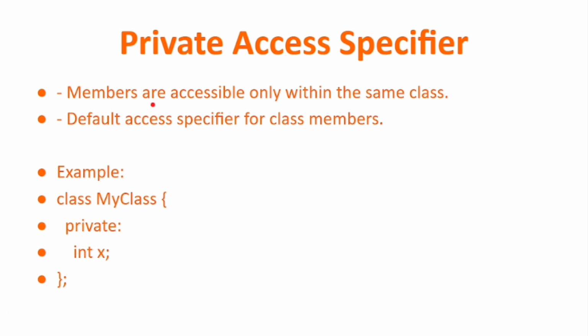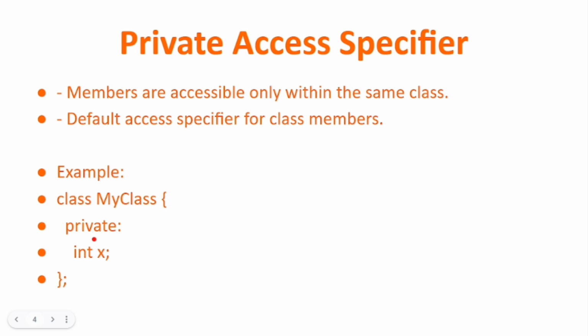When we are writing a C++ program, first of all we create a class. If we don't define any type of access specifier, the program automatically chooses private as the default access specifier. It means whenever we don't mention any specifier after the class, the default is private.